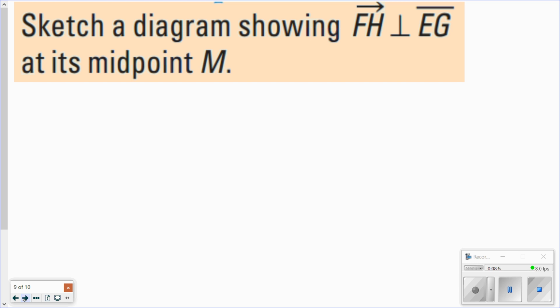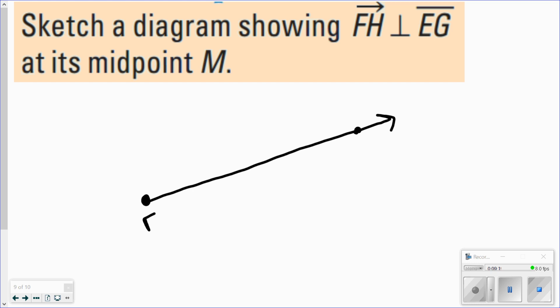Sketch a diagram showing ray FH is perpendicular to segment EG at its midpoint M. All right, so the first step here is I'm going to draw ray FH. So F has to be my endpoint of the ray. H is going to be the arrowhead.